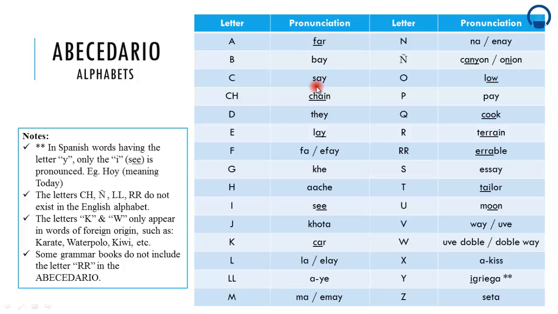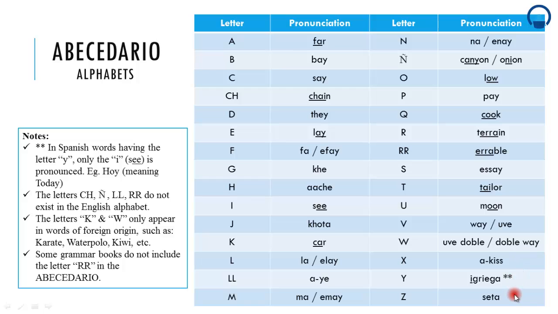A, B, C, Ch, D, E, F, K, H, I, Khota, Ka, L, I, M, N, Anye, O, P, Q, R, R, S, T, U, V or UV, UV doble or doble V, Akis, Y and Seta.